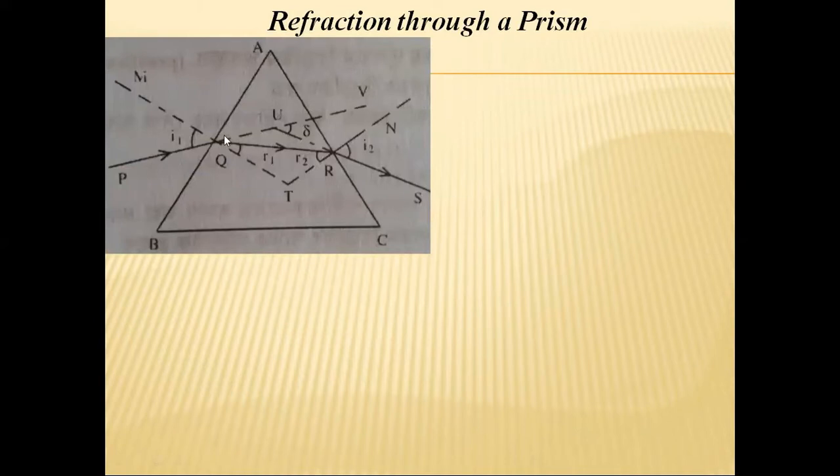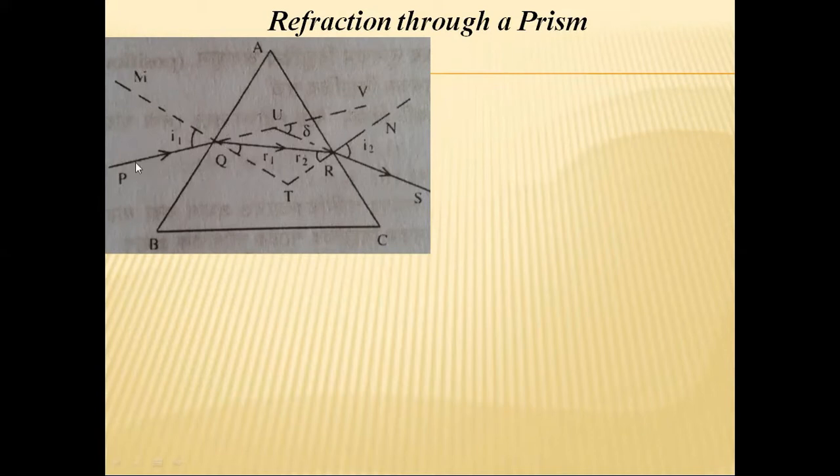This is the ray diagram of a prism, and you see the ray comes along OQ to the surface AB and goes into the inner part of the prism as the ray QR, and then goes along the path RS. Outside the prism there is a rarer medium, and inside the prism there is a glass medium, a denser medium, and when the light comes out again it enters a rarer medium.